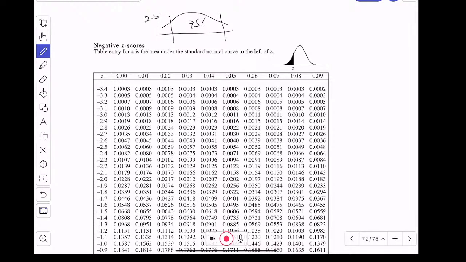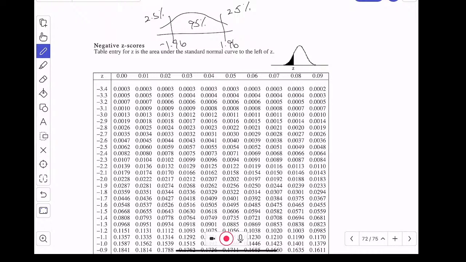That puts 2.5% out here and 2.5% out here. So I look for 2.5% inside the table. It's right here. That's negative 1.96. So the critical values are negative 1.96 and 1.96.